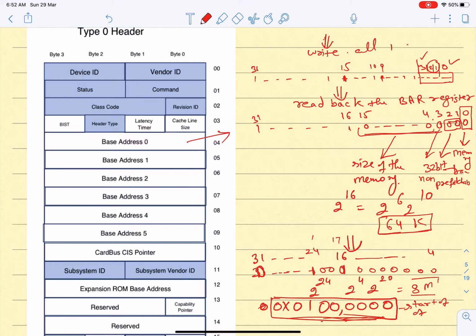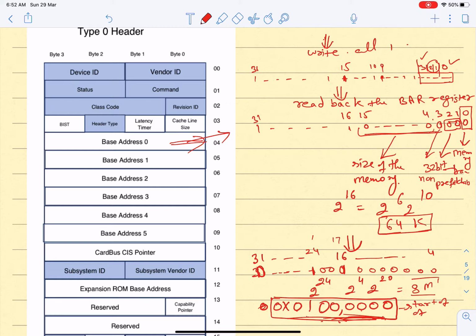So what the host did is, the host mapped the memory region with the system memory, and when the system wants to access the memory of 64K, it will initiate the starting address of this, 01000000 in hex. And up to what address will it go? It will go up to when the 16th bit is 1.